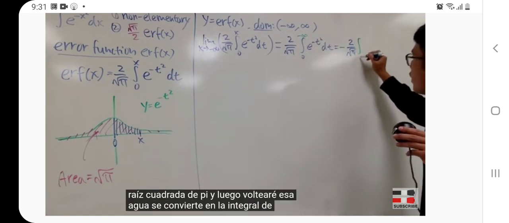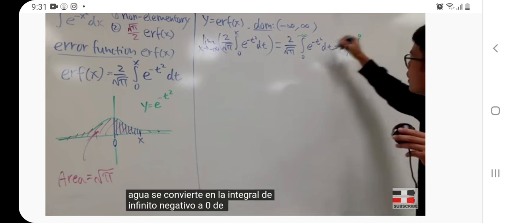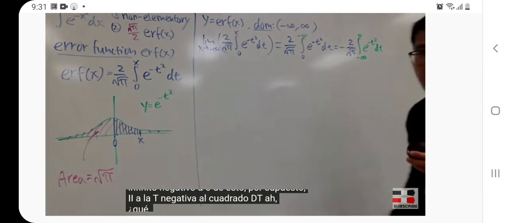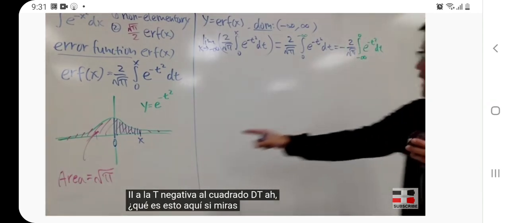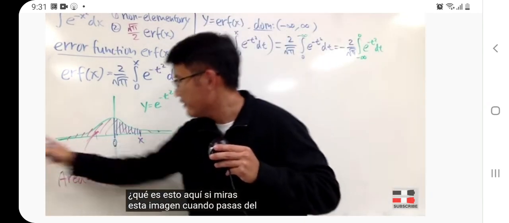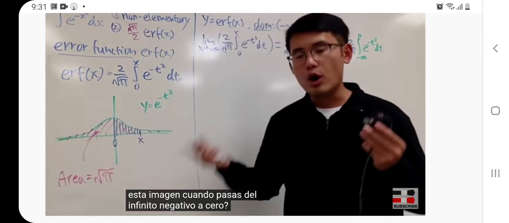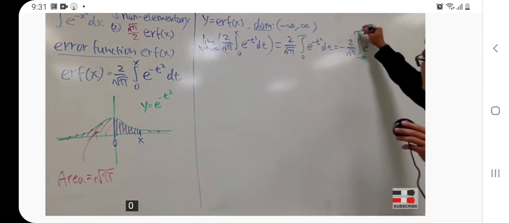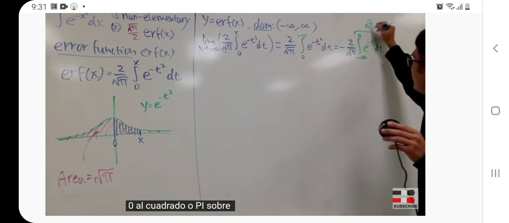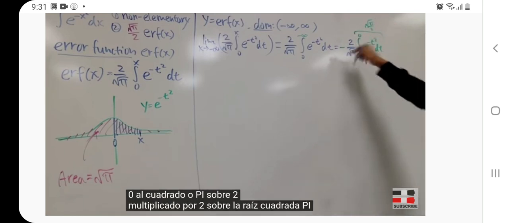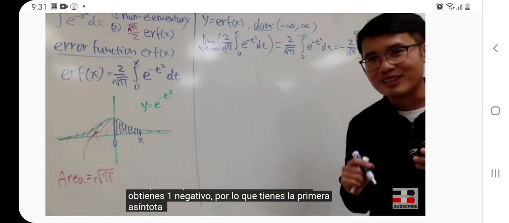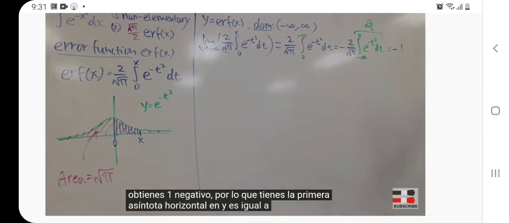It becomes the integral from negative infinity to 0 of, of course, e to the negative t squared dt. What's this right here? If you look at this picture, when you go from negative infinity to 0, this right here is still square root pi over 2. So this is still square root of pi over 2 multiplied by 2 over square root pi, you get negative 1. So you have the first horizontal asymptote at y equals negative 1.